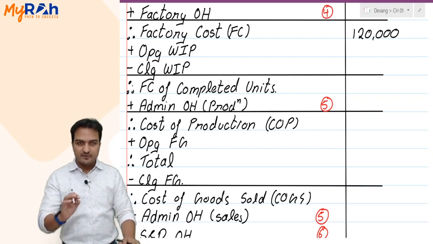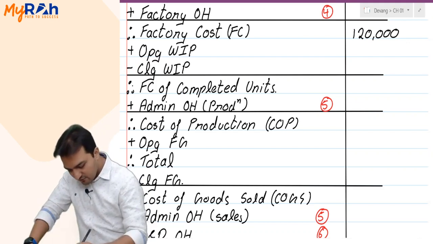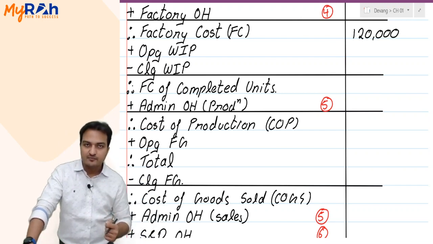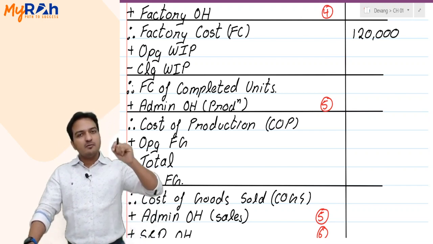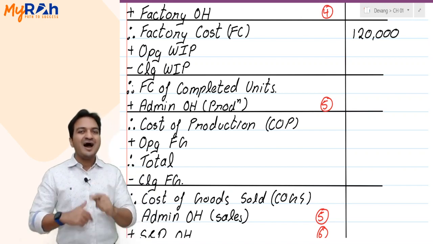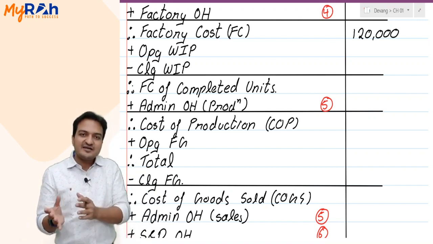Say for example, at the end of the year, I have certain units that remain incomplete, and on these incomplete units, listen to this, I have already spent say 20,000 rupees.